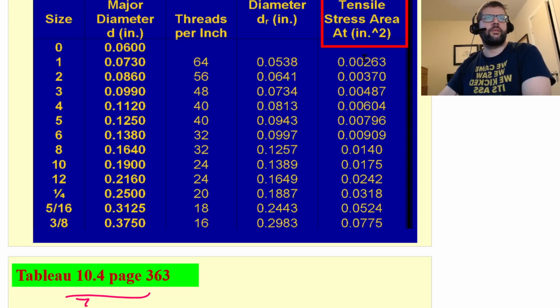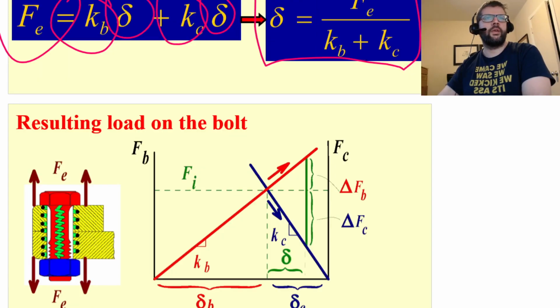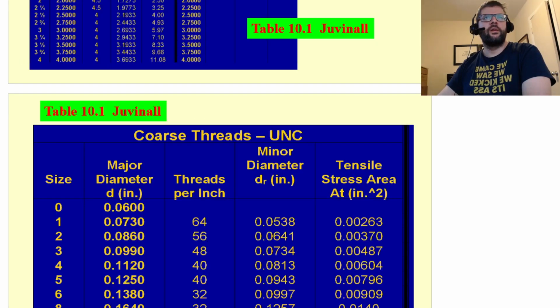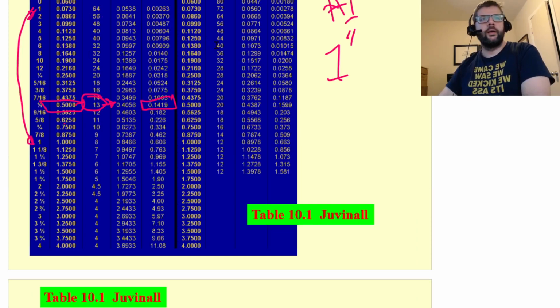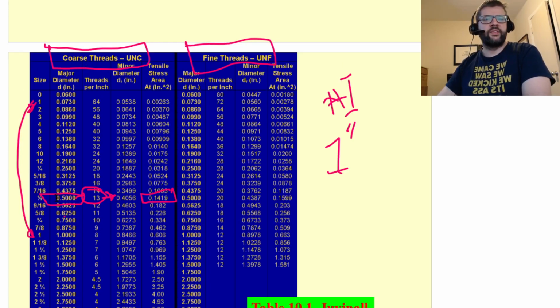So if we scroll up a bit more, I know the table has it somewhere. Okay, so we look at this one here, the coarse threads UNC.